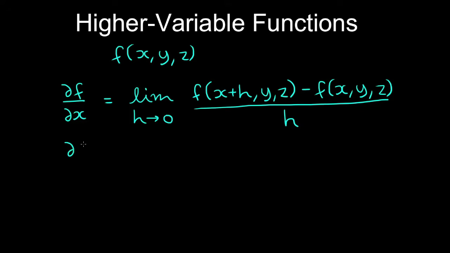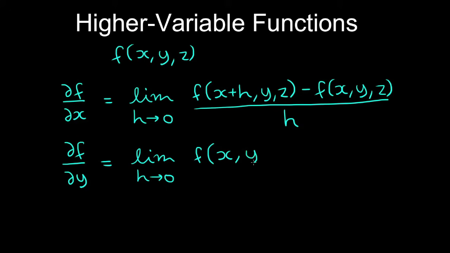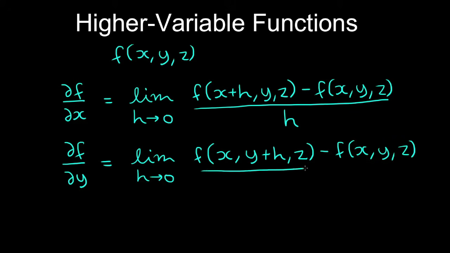And similarly, the partial derivative of f with respect to y is the limit as h approaches 0, and the difference quotient involves taking x and z as fixed, and y as the variable. So we have f of x, y plus h, and z, minus the function at x, y, and z, over h.